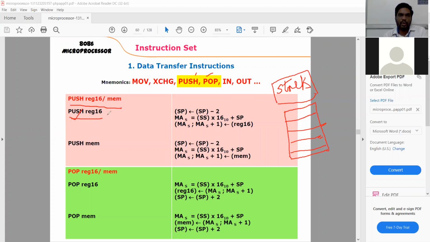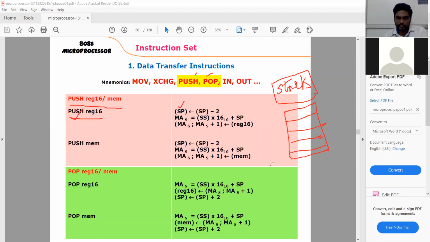So when we use this particular push register 16, what happens? Always the stack pointer, SP, means stack pointer. Just like the instruction pointer, which holds the address of the next instruction that has to be executed, the stack pointer SP also holds the top address of the stack.